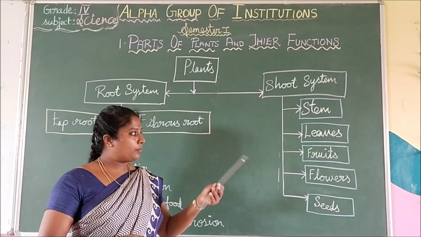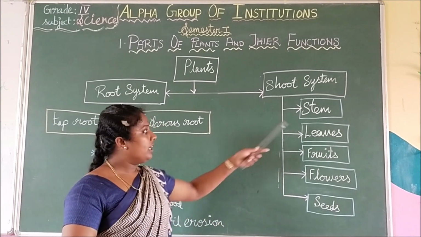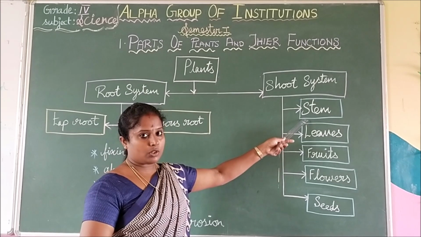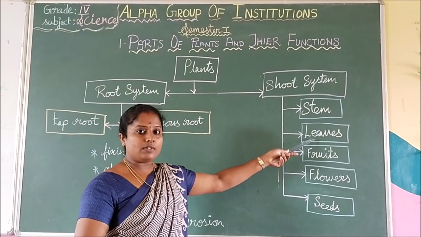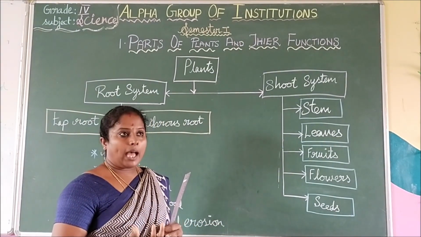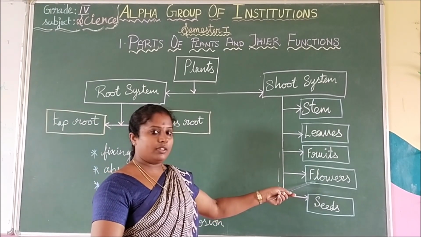Leaves also store food. Stem also stores food. The example for stem storing food is sugar cane. The examples of leaves storing food are cabbage and cauliflower.